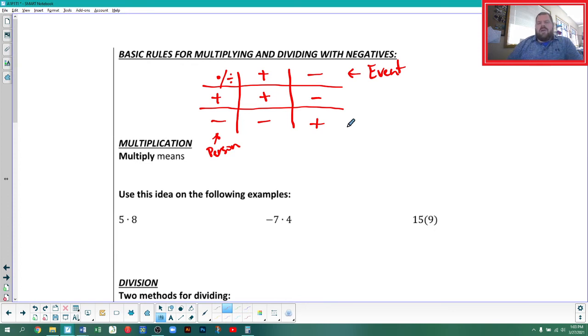Okay. But it really turns out that in multiplying and dividing, if the two signs are the same, then either positive times a positive is a positive, or negative times a negative is a positive. So if the signs are the same, then your answer is going to be positive. If the signs are different, if one is positive and one is negative, then your answer is going to be negative.